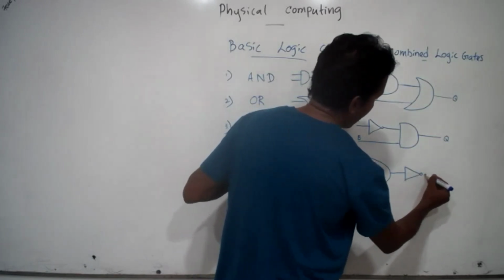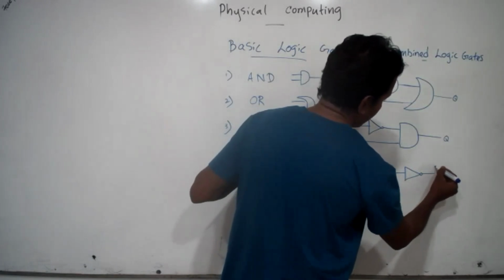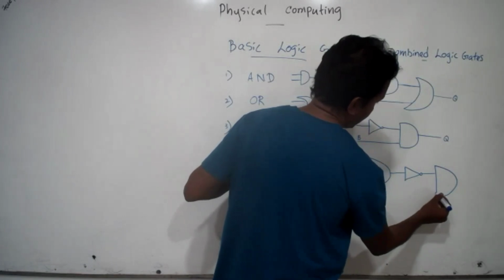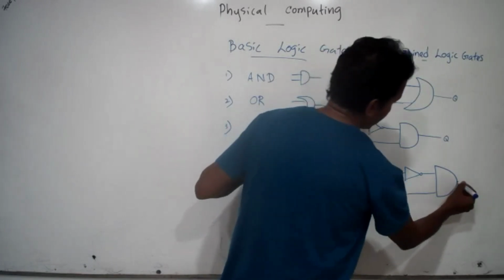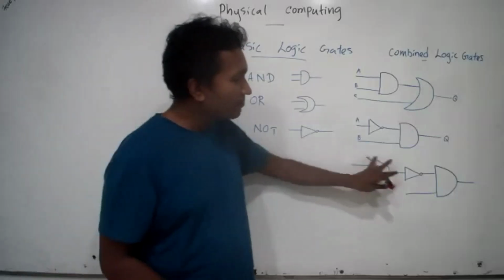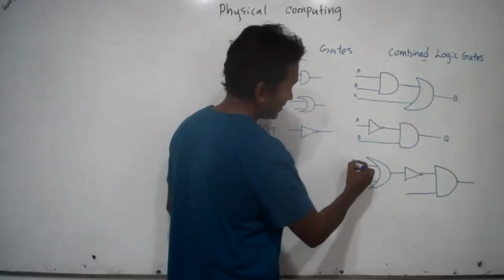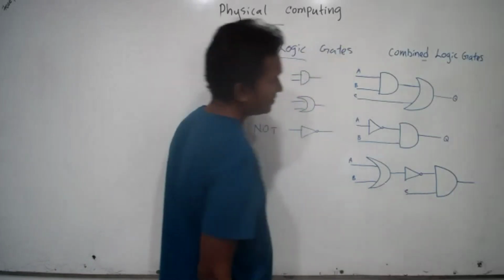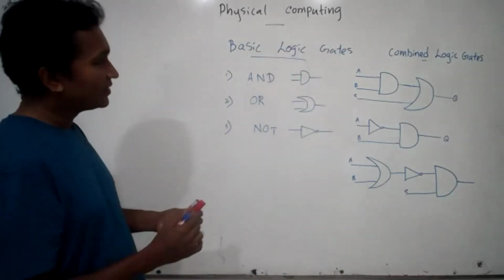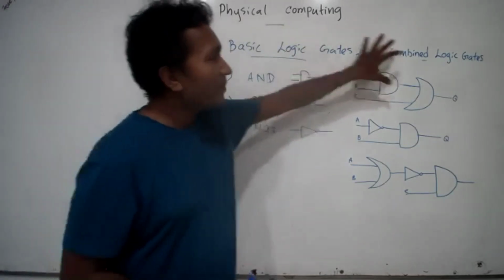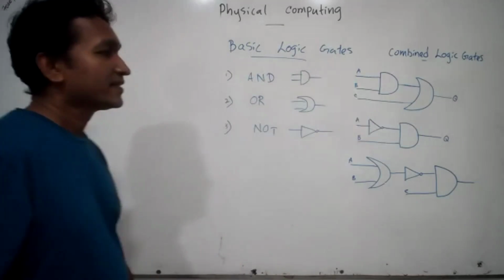I am giving some examples. These are the kind of combined logic gates. You can write this down: basic logic gates and combined logic gates.